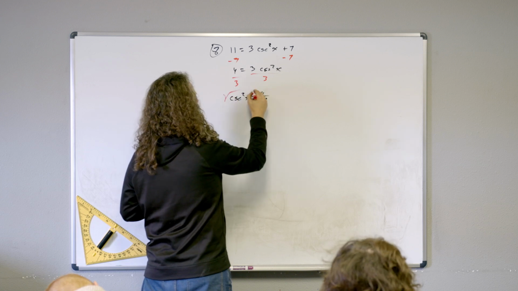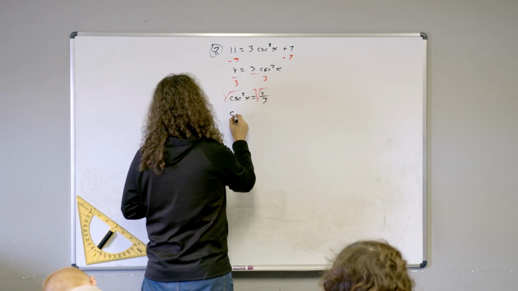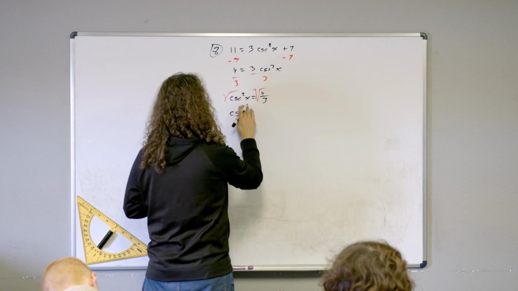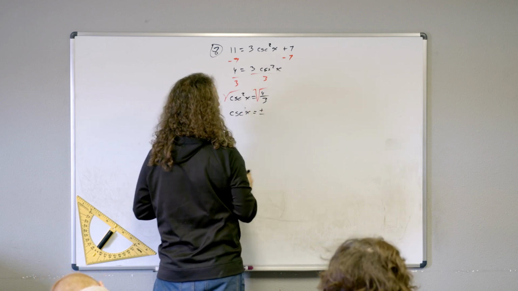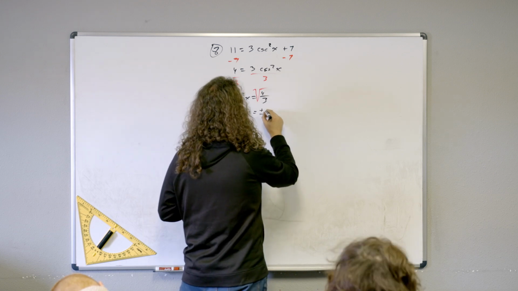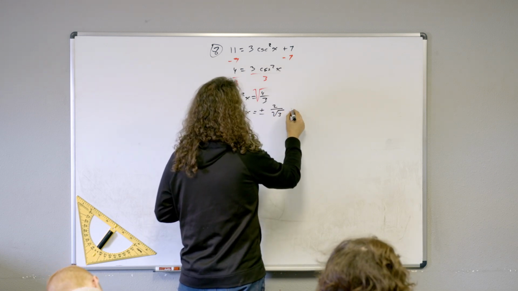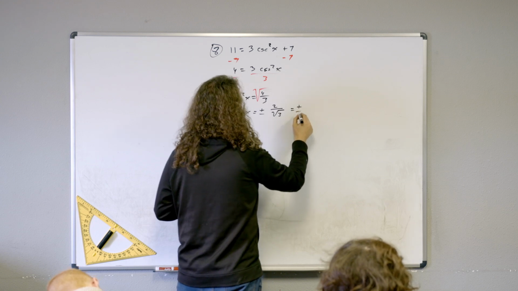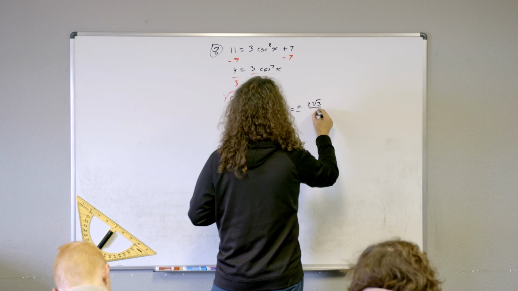Square root both sides, and we end up with the cosecant of x equals plus or minus 2 over the square root of 3, which equals plus or minus 2 times the square root of 3 over 3.